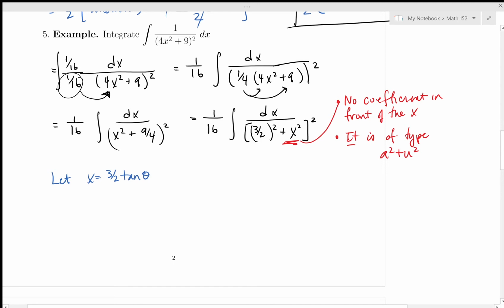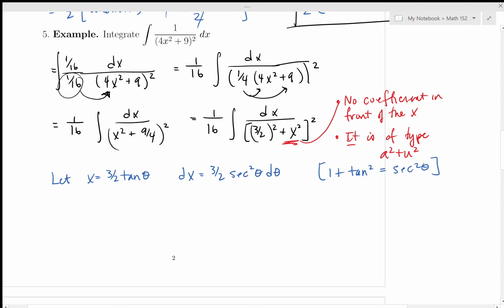Okay, so I need to make a complete substitution, like always, and my dx then will be 3/2 secant squared theta d theta. And because I've looked at the table, or I recall from when I've previously done this, I'm thinking of this identity that is going to be used. Okay. Let's go ahead then and make that substitution.